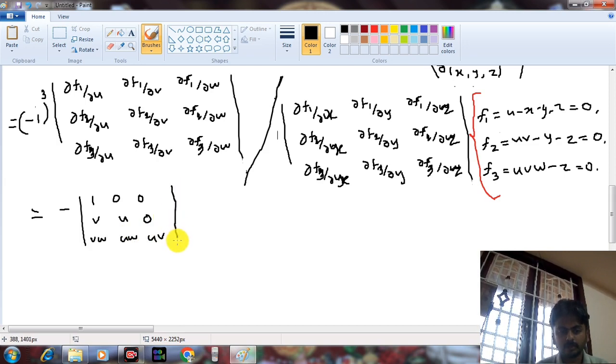Divided by this: f1 with respect to x means I will get minus 1.